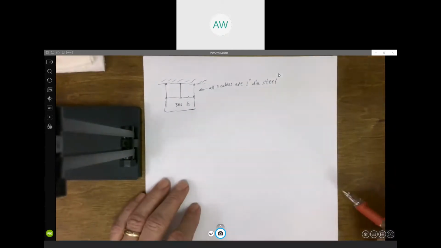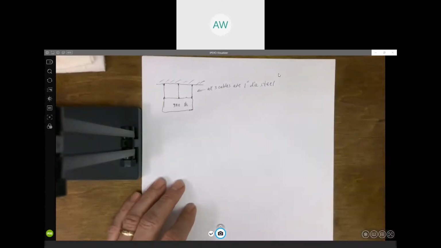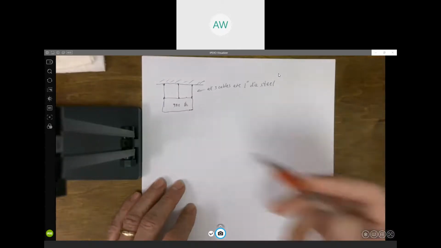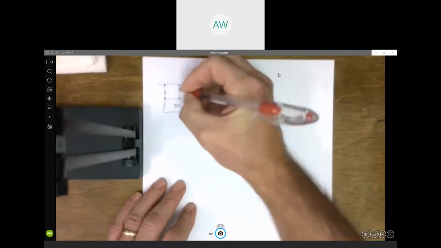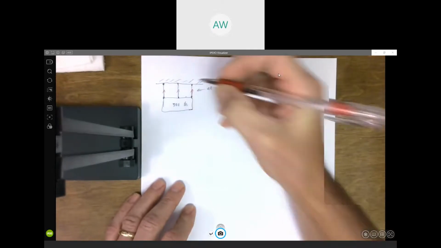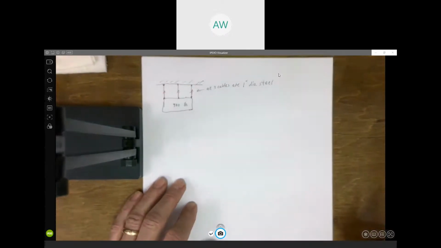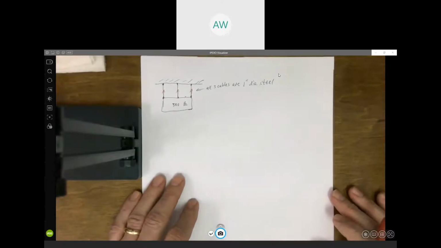I would guess, and it's a little bit hard to do in this environment, but if anybody wants to volunteer an answer, you could probably tell me what's going to be the force in each one of these 3 cables. Just use intuition and common sense. 100. 100, right?